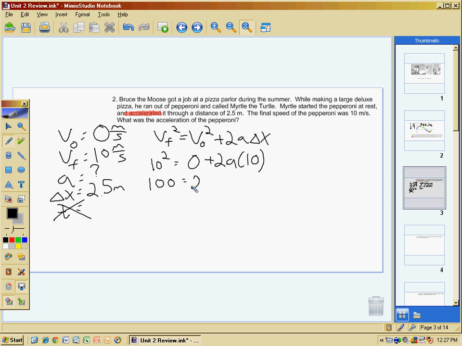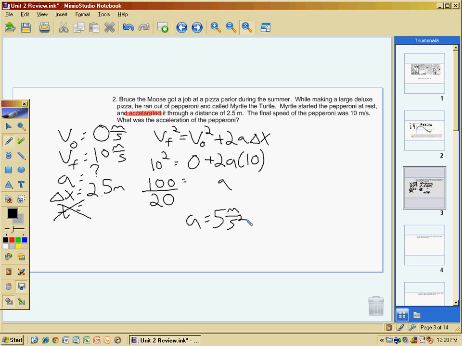And then we've got 2 times 10, which is going to be 20. So what we're going to do is divide that 20 over, get it out of the way. And when you take 100 divided by 20, that's going to give you an acceleration of 5 meters per second squared.